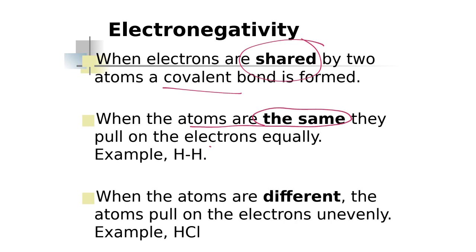If you have two hydrogens, they're going to have the same electronegativity value, and as a result, there's going to be an equal attraction for electrons. But when the atoms are different, the electrons will be pulled unevenly. One of the atoms might have a higher electronegativity, or a higher attraction for electrons, than the other.